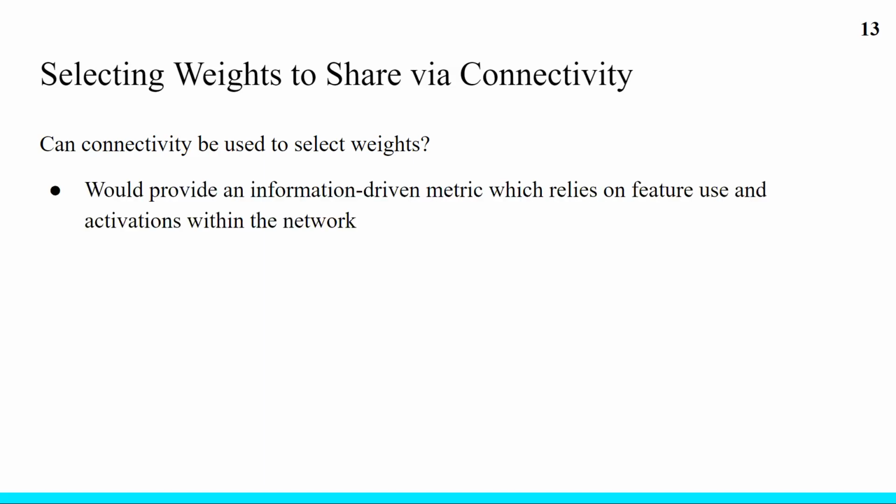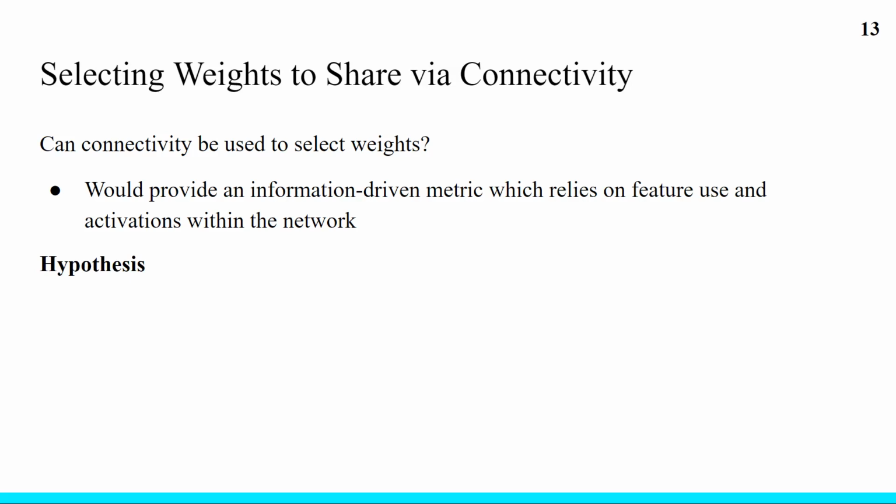The motivation is that if you could do this, rather than an iterative search, you would have an information-driven metric, an intuitive decision-making process that depends on the behavior of the network with respect to the task at hand. That could help drive future methods and improve the overall interpretability of these methods.